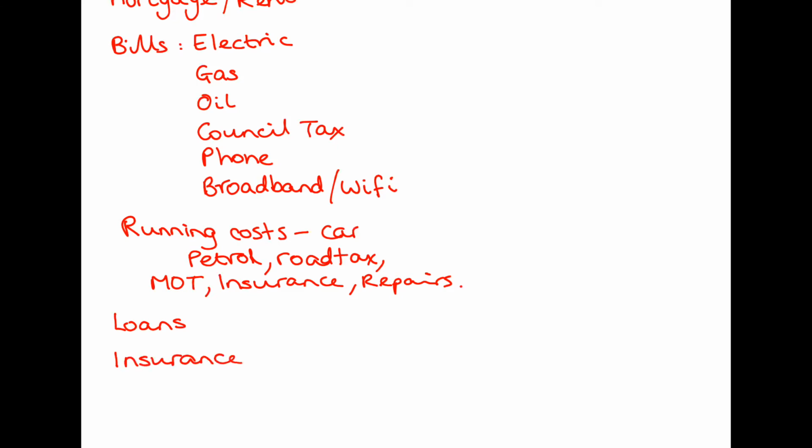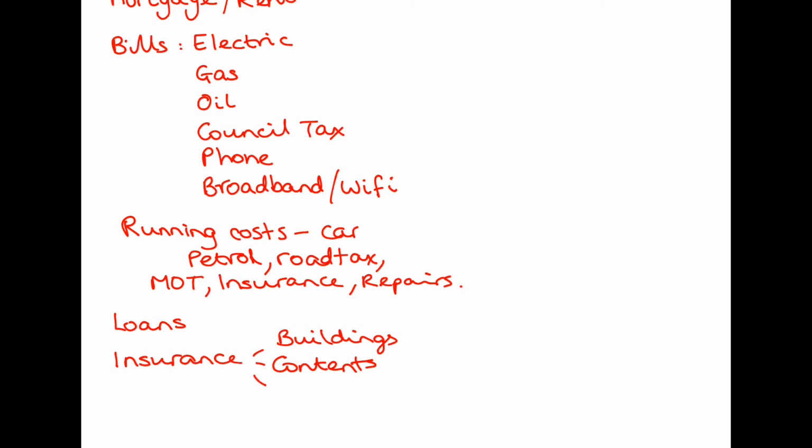The kind of insurance that you might have, if you own your home, if you've got a mortgage, you have to have buildings insurance. Most people, whether they own or rent, will have contents insurance. That means if something happens to what's in your home, then you will get a payout to cover that if something dreadful happens.